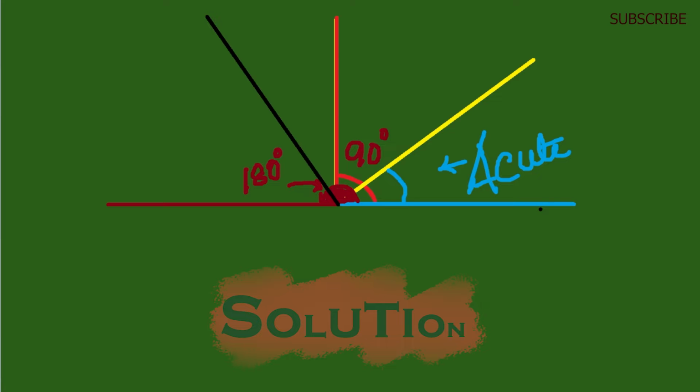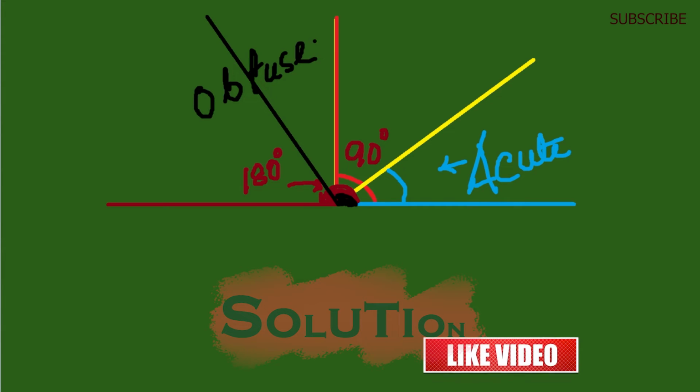Where is the angle? Here is the angle. This line is also making a corner with the blue line, but this corner is less than 180 and more than 90. This type of angle is known as an obtuse angle.